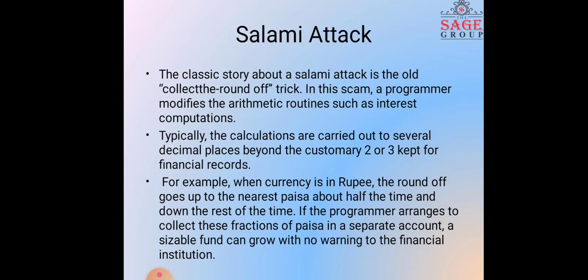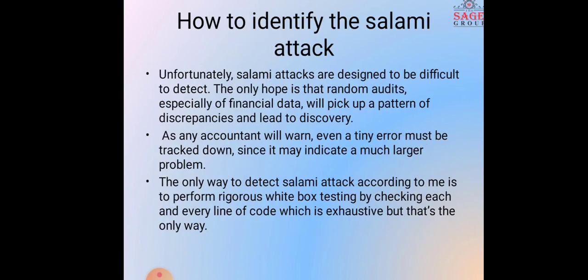So what we have to do is, firstly, identify how to identify the Salami attack. Unfortunately, Salami attacks are designed to be difficult to detect. Actually, it is designed in such a way that it is very difficult to detect.